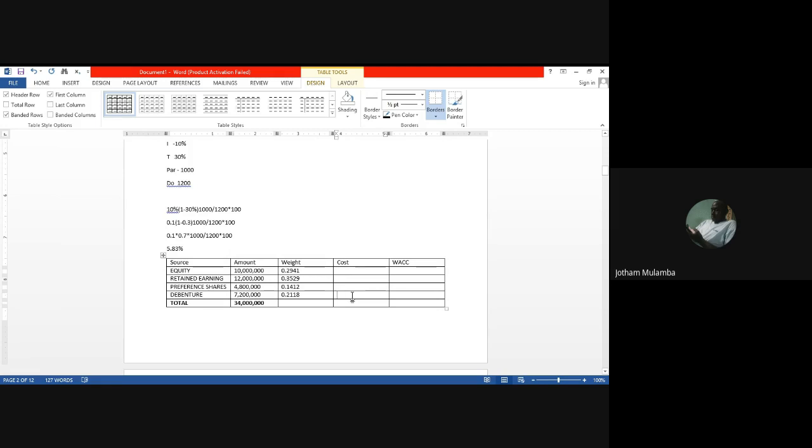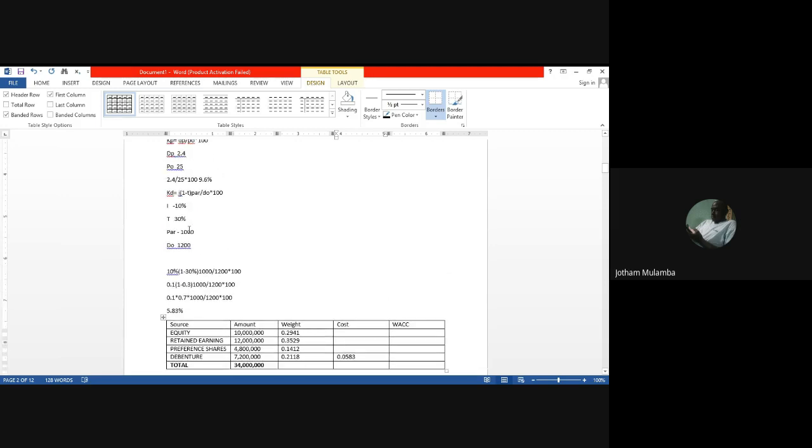The last one was debenture. We had 5.83, which is equivalent to 0.0583. We are converting to decimal because the weight is in decimal, so that it's easier for us to compute.